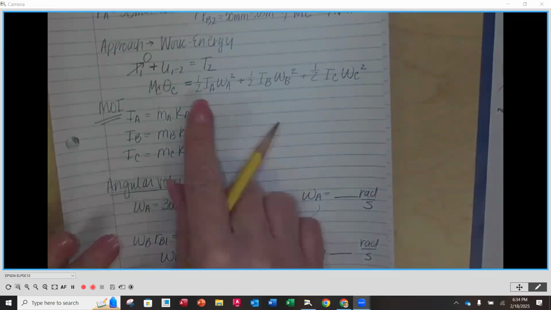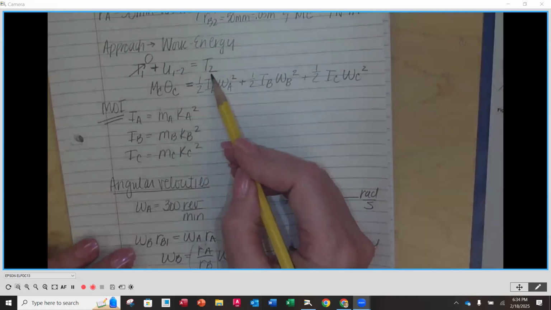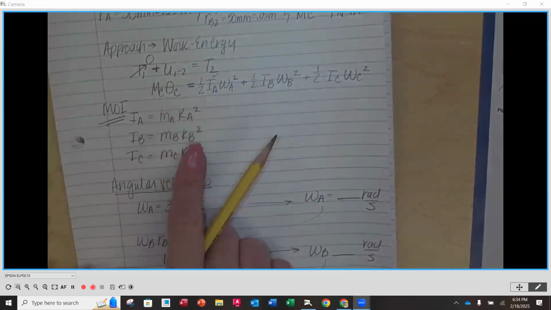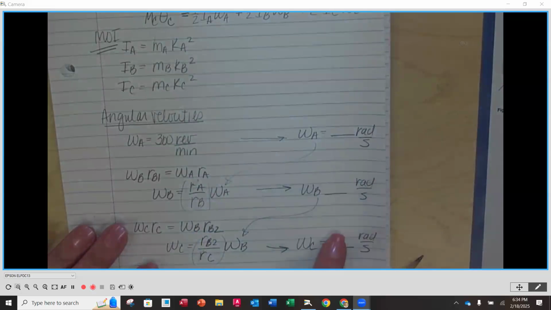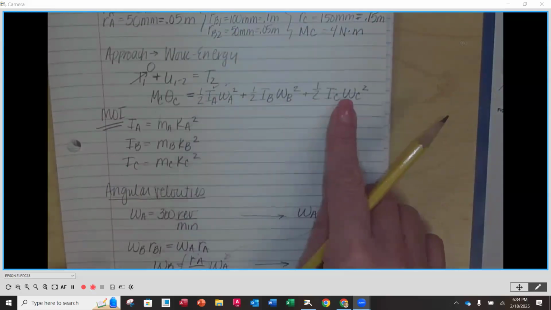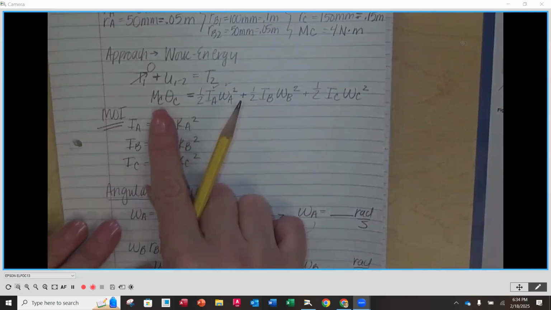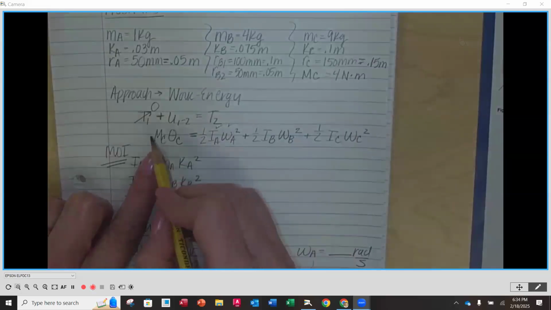Now, as we go back up to this equation, for each one of these we have the moment of inertia, and we have our angular velocities here. So we have the whole entire right-hand side of that equation checked off. The moment at C is right here, 4 Newton meters, so that's checked off.